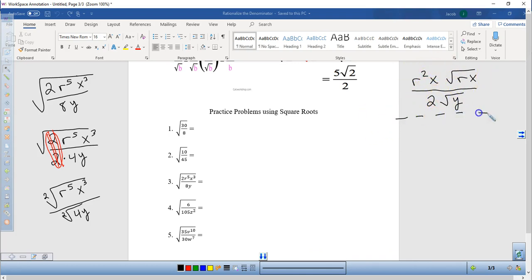At this point, here's where I'm going to rationalize. So all of this up till now is just simplifying. Now let's rationalize. I cannot have the square root of y on the bottom. In order to get rid of it from the bottom and move it to the top, we have to multiply.